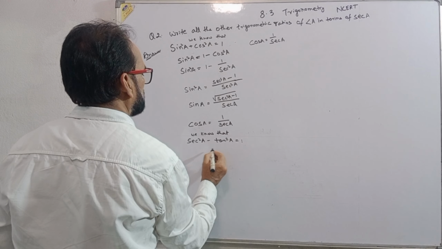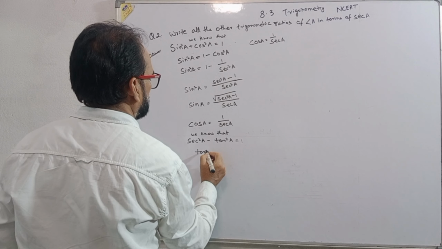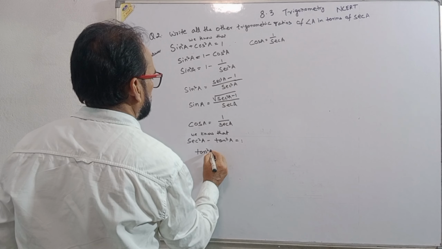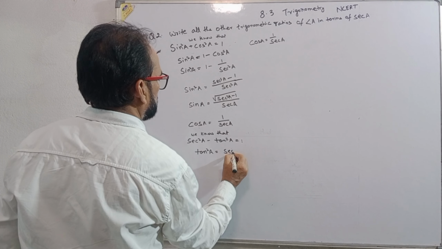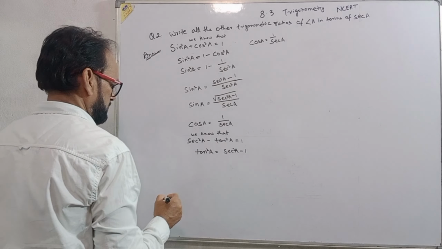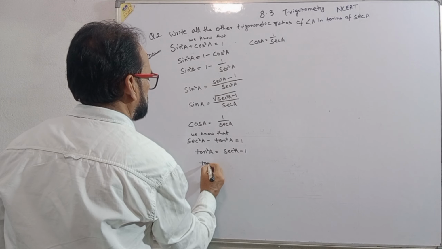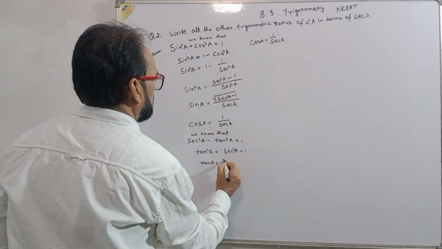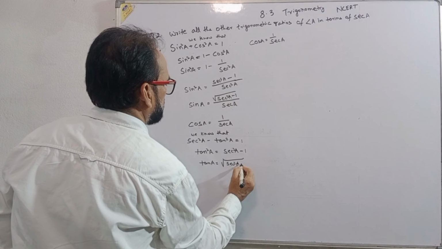Here tan square A equals sec square A minus 1, so tan A equals under root sec square A minus 1.